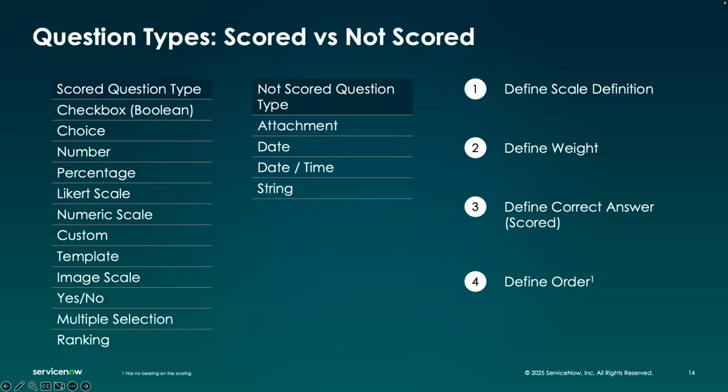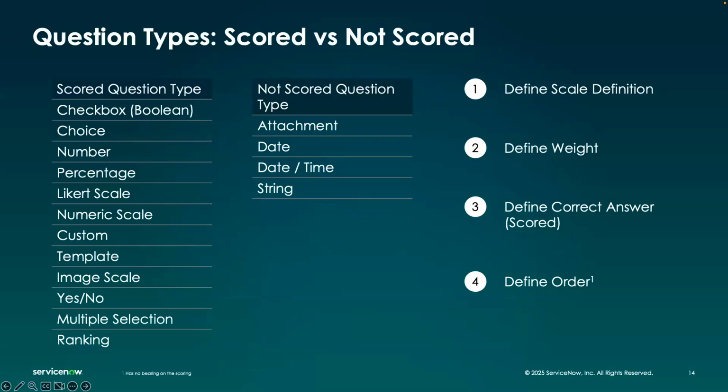A scale definition determines whether, for a type of possible response, a higher or lower value is better. Weight is used to influence how much that particular question contributes to the overall score. Correct answer, so the system knows which response is preferred, however, only applicable to scored metrics which normalize to 0 or 100.